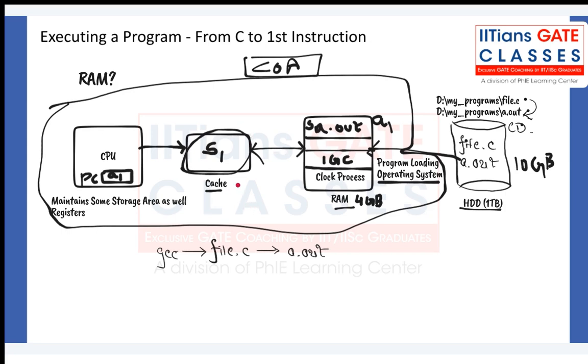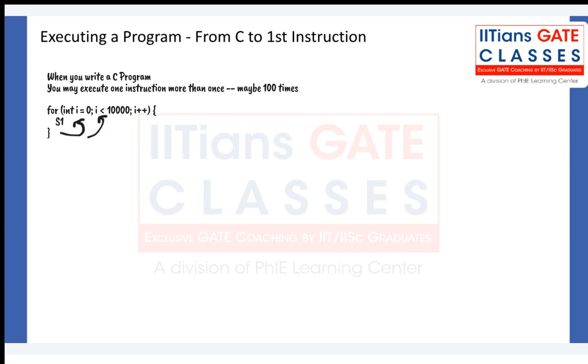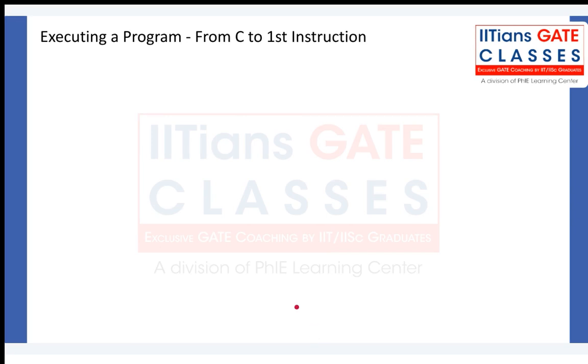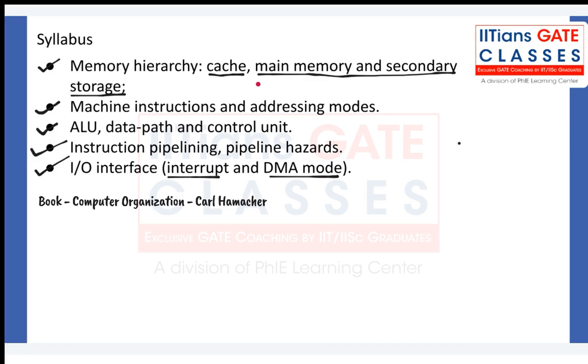If I include that as well, then easily it is 20 to 25% on average that the weightage of COA is in GATE. And one more thing: memory hierarchy and pipelining are the two most important topics for your GATE.